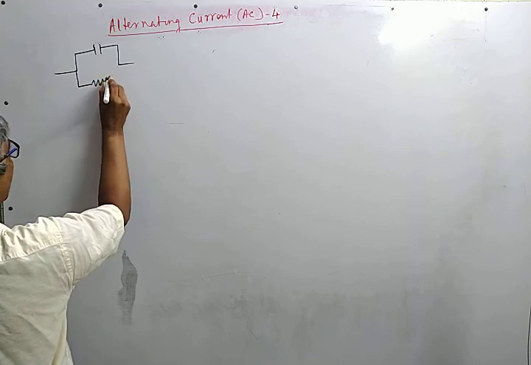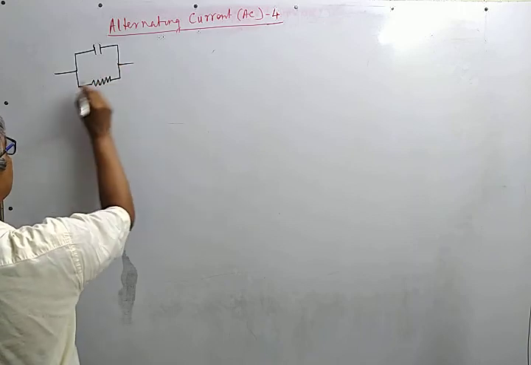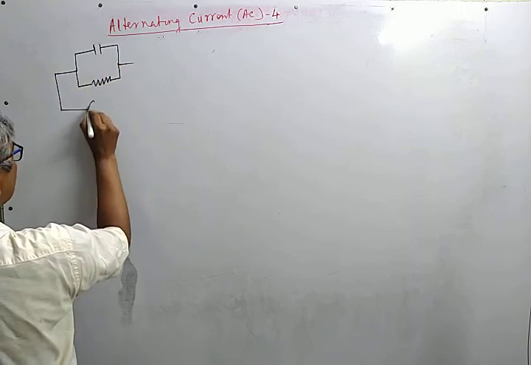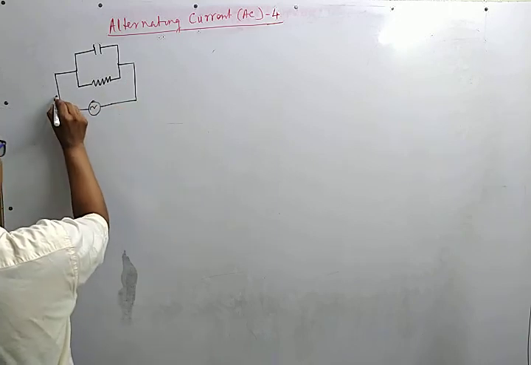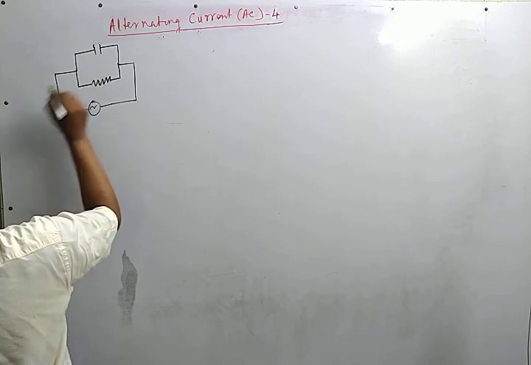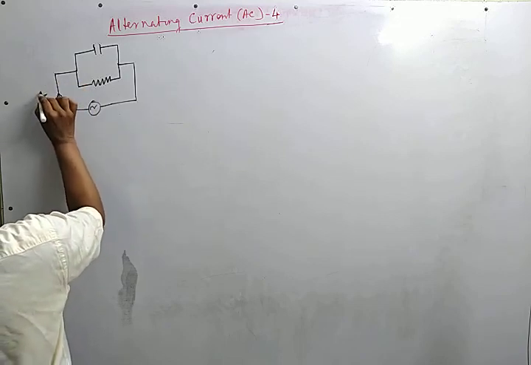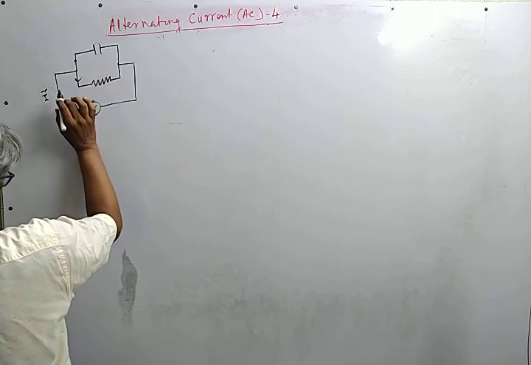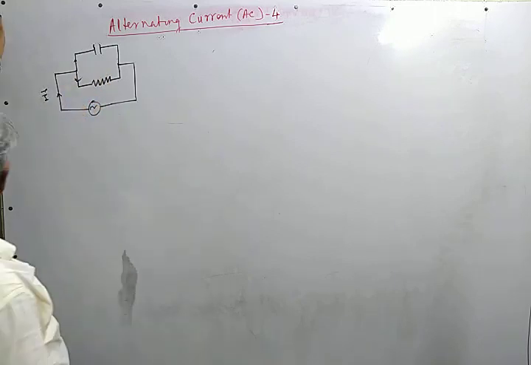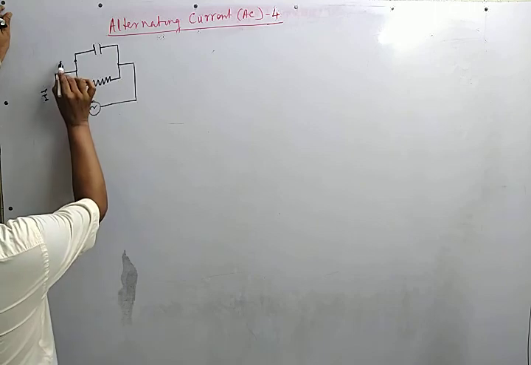Parallel CR circuit. The circuit is fed by an AC source. So current I is split into two parts as per Kirchhoff's current law.